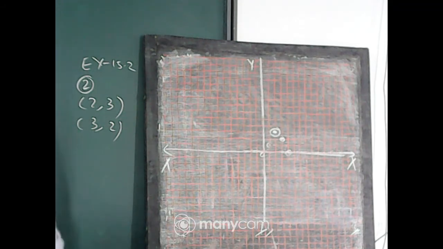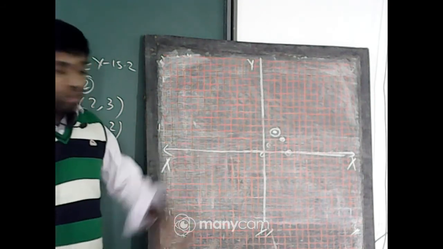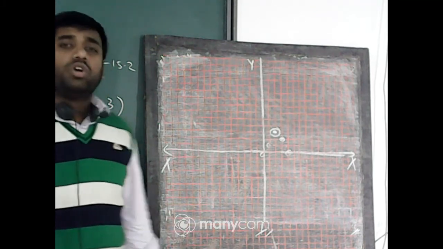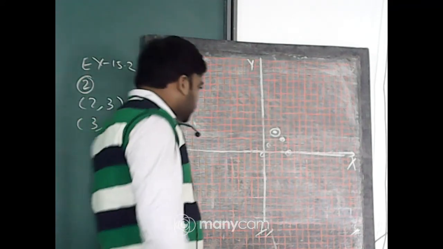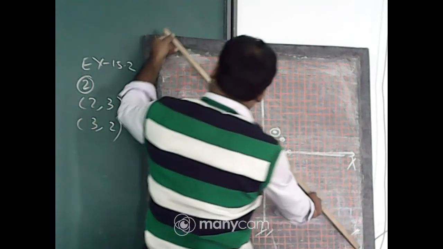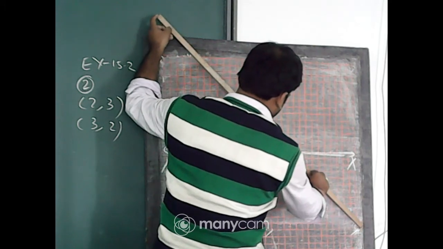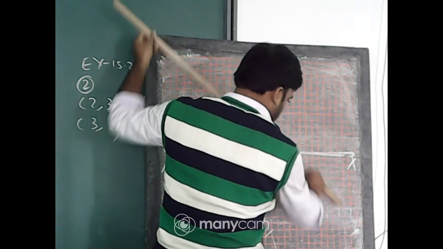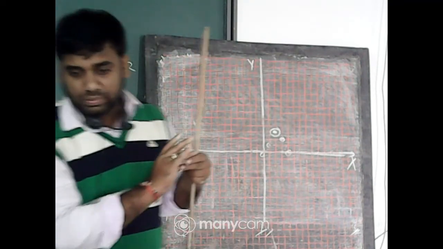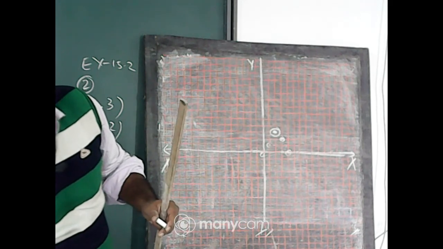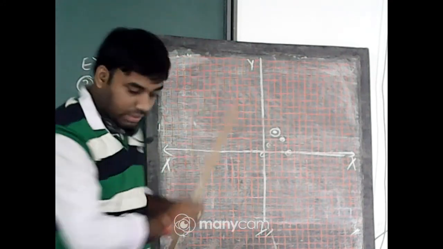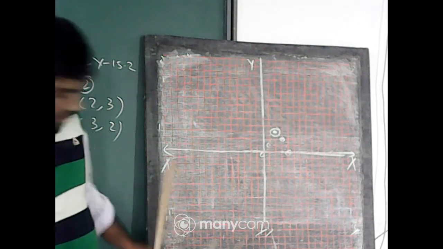Okay. Now draw a line such that these 2 points are lying on that line. So I draw this line like that.